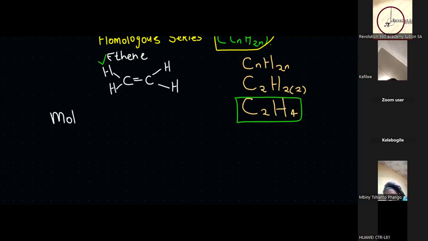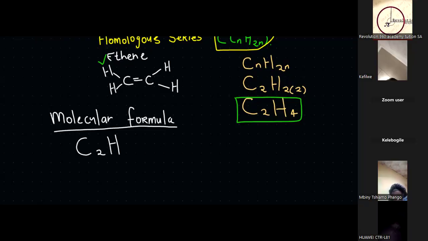Remember that the molecular formula will be this C2H4. This C2H4 represents what we call our molecular formula. And for you not to make mistakes, remember you get it from this homologous series, the formula that best denotes all alkenes.